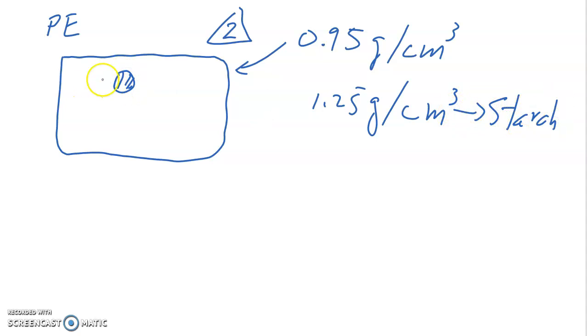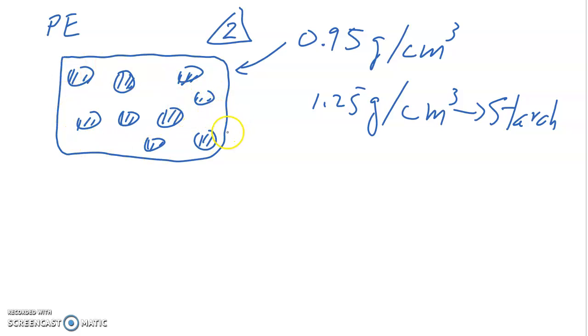So the hypothesis is that if we mix a certain percentage, let's say 30% of the starch, into polyethylene, we can make this mixture or combination, sometimes called a composite, denser so that this composite can sink in water. Based on the calculation, that's the prediction or hypothesis.